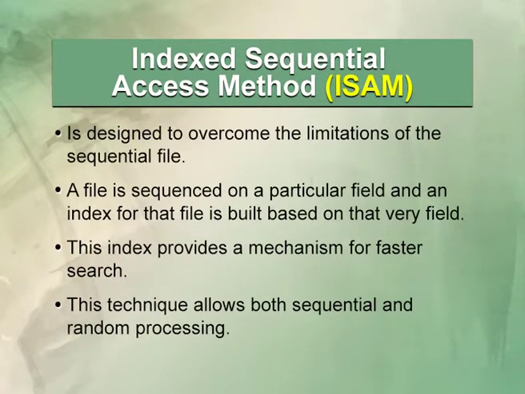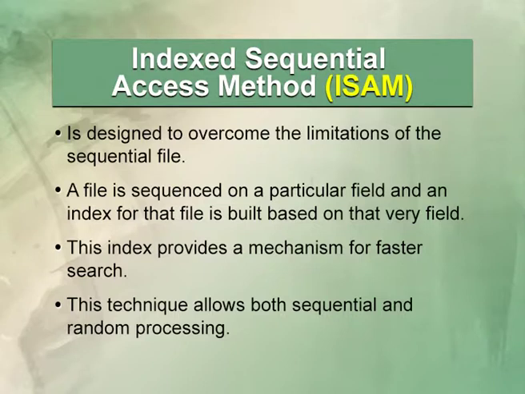Then comes an improved technique called the indexed sequential access method. Keeping in mind the drawback of the sequential access method we have seen, an index is introduced in this second technique. The limitation there is that it is completely in sequence fashion, and they try to overcome that limitation by introducing an index.